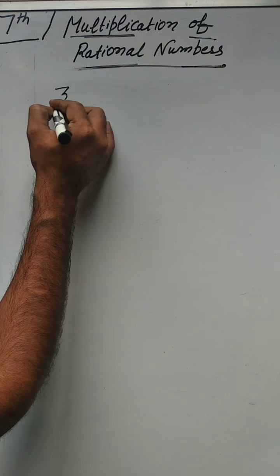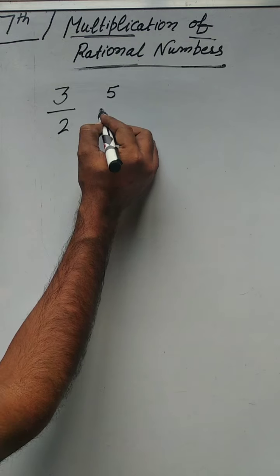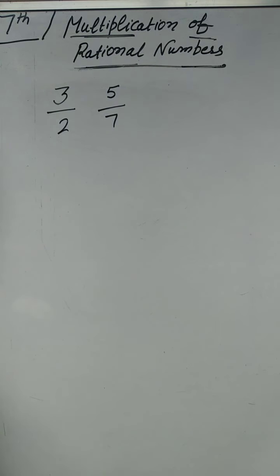Beta, multiplication of rational numbers is similar to the multiplication of fractions. Suppose I have two rational numbers, 3 upon 2 and 5 upon 7.